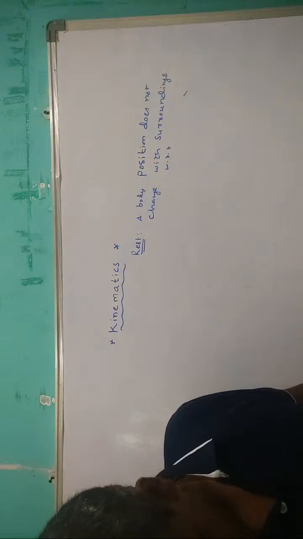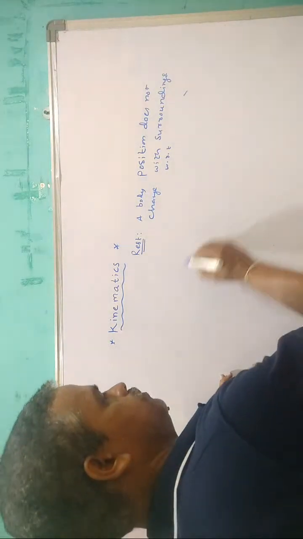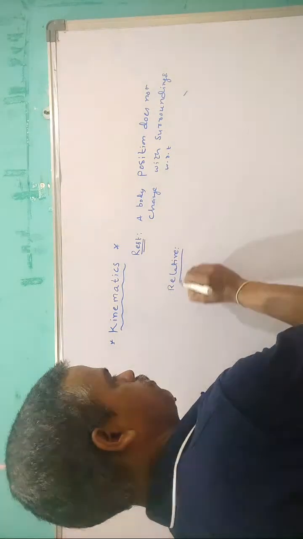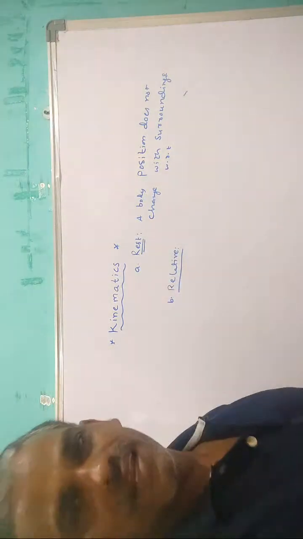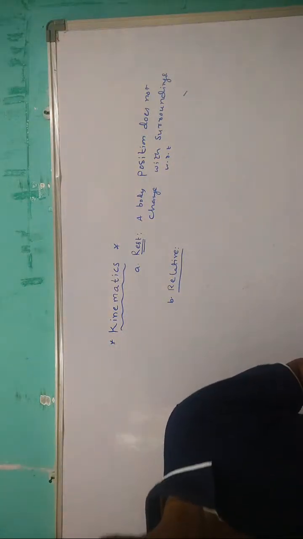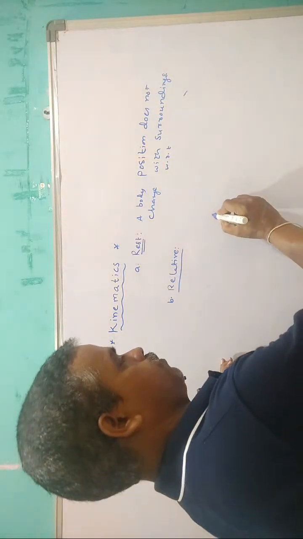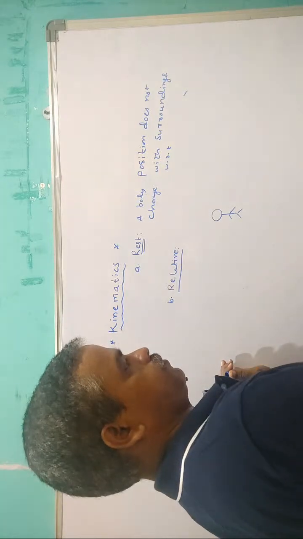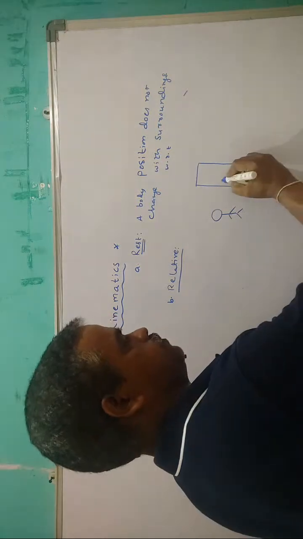So one more, for example, a relative. One more is the first concept A. Next B. Relative. What is relative? See here, a boy is there, a bus is here.